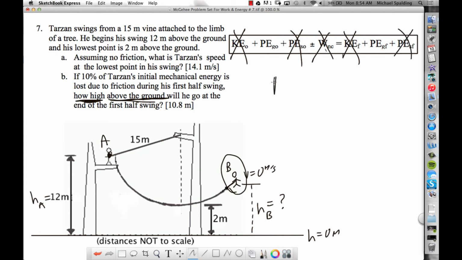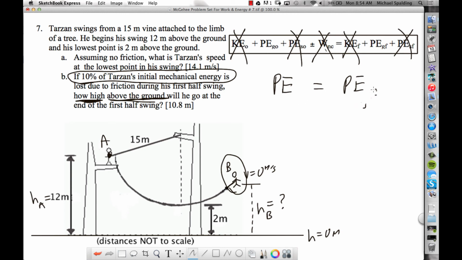So what we're left with is potential of gravity initial equal to potential of gravity final, but hold on a second. What did they tell us here? 10% of the initial mechanical energy is lost. So if you lose 10%, how much do you keep? 90%.